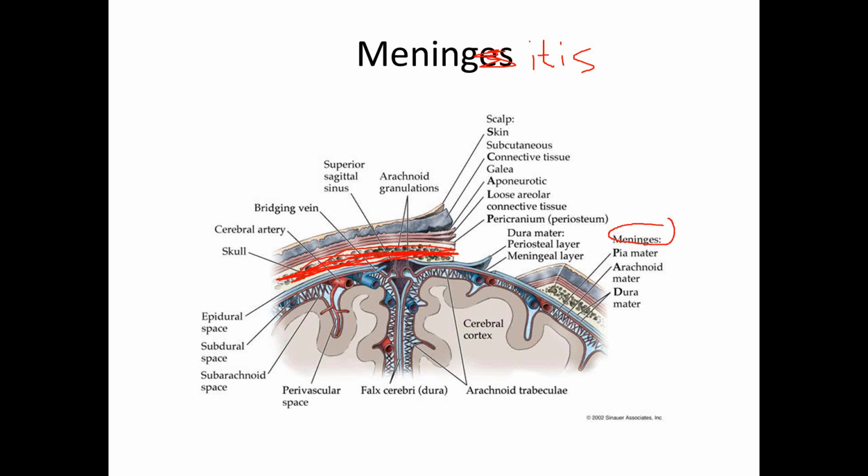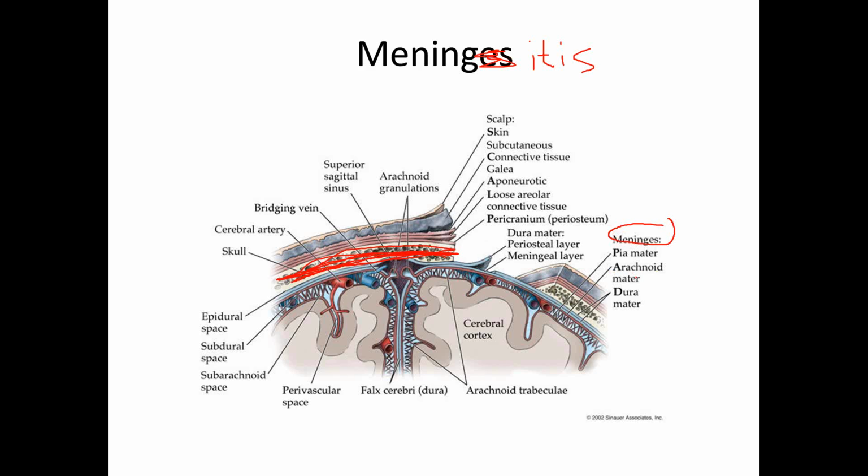First of all, on the very inside, in very close contact with the outside of the brain, sitting in all its folds and grooves, is a tissue-like structure called the pia mater. Then outside of that is a web-like, spider-like structure here, and that's called the arachnoid. Remember, arachnid, the spider.